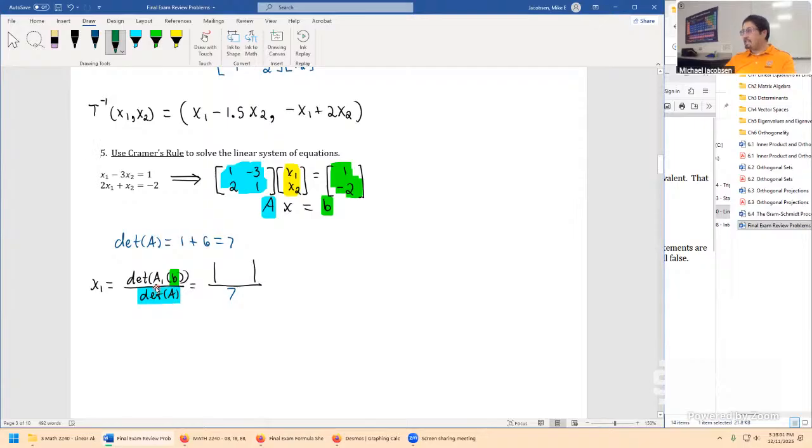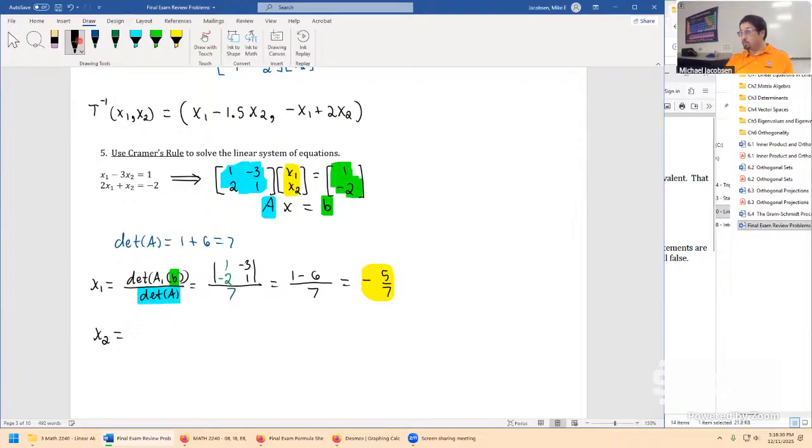Subscript 1 is saying take the vector b, highlighted above, drop it into column 1. So 1, negative 2 goes into that position. And then just rewrite the rest of the matrix A. Negative 3, 1. So this is going to be 1 minus 6 in the numerator for a negative 5 sevenths. And we're 1 down. We have our x1.